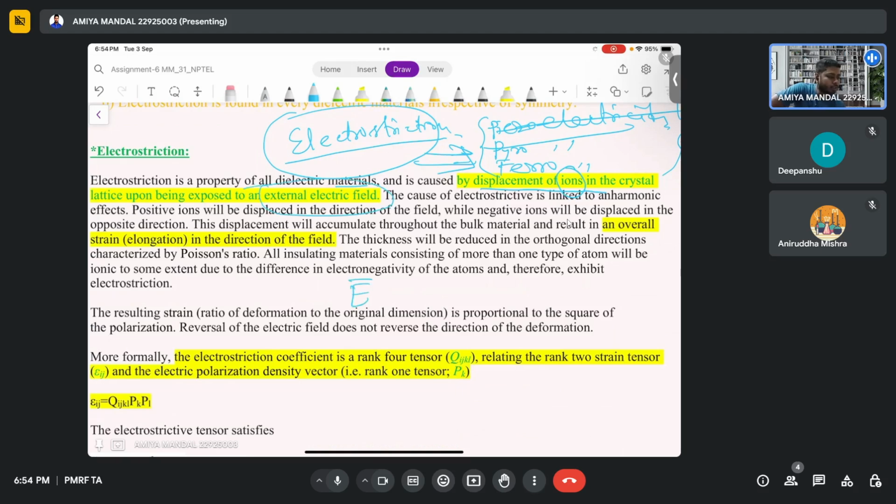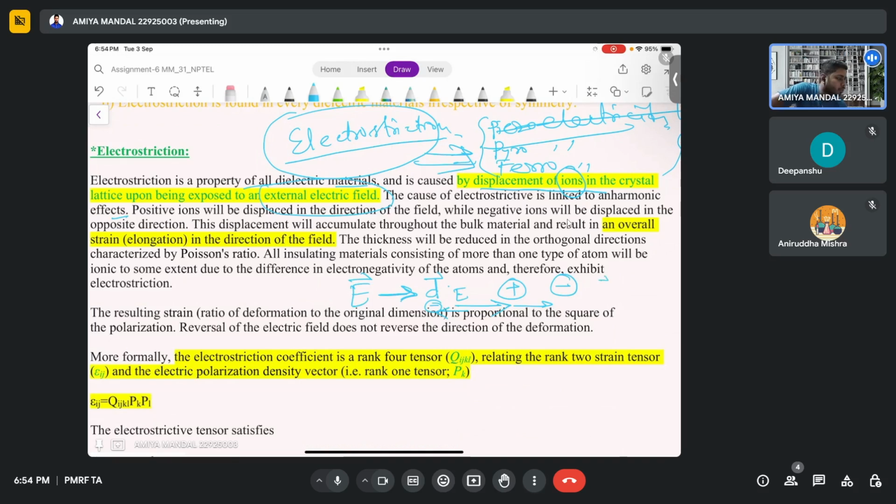So ions are displaced. This causes the electricity linked to anharmonic effects. Positive ions and negative ions are created due to the electric field. Positive ions move in the direction of the electric field and negative ions are directed in the opposite direction of the electric field.